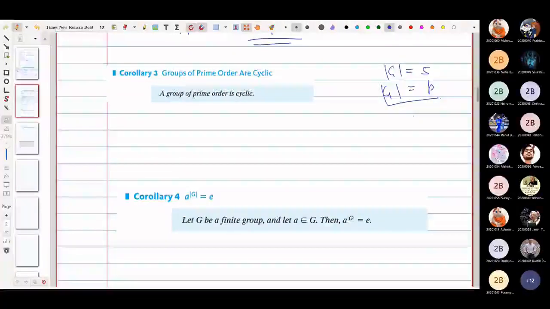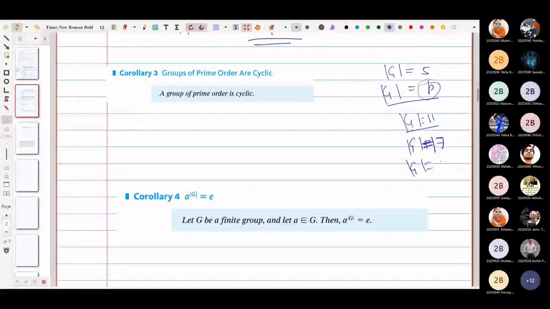You need to verify whether the order is a prime or not. So a group of order 11 would be a cyclic group. A group of order 17 is also going to be a cyclic group.